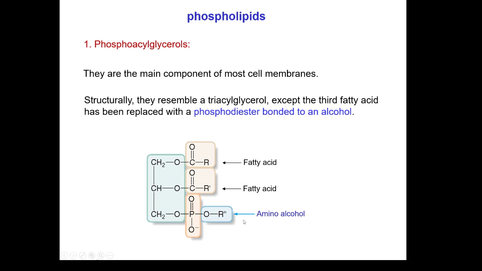Where this comes from, as you can see here, it's the alcohol part of an amino group. Now, why do we have that? So that we have a polar part and a nonpolar part in our phospholipid bilayer.